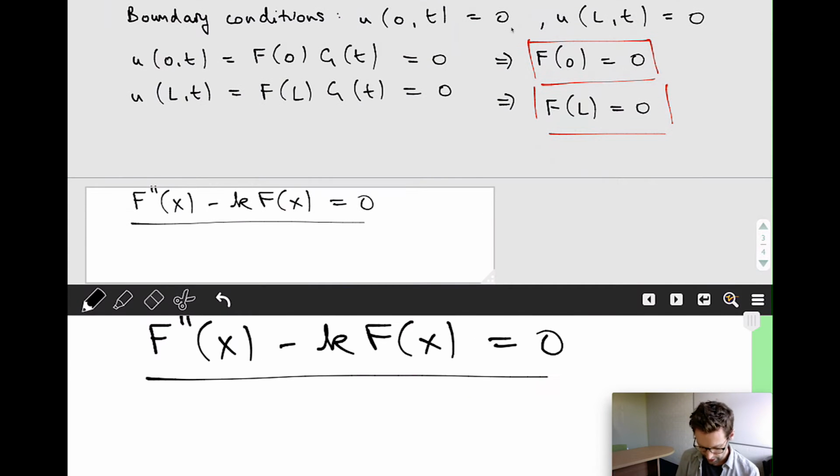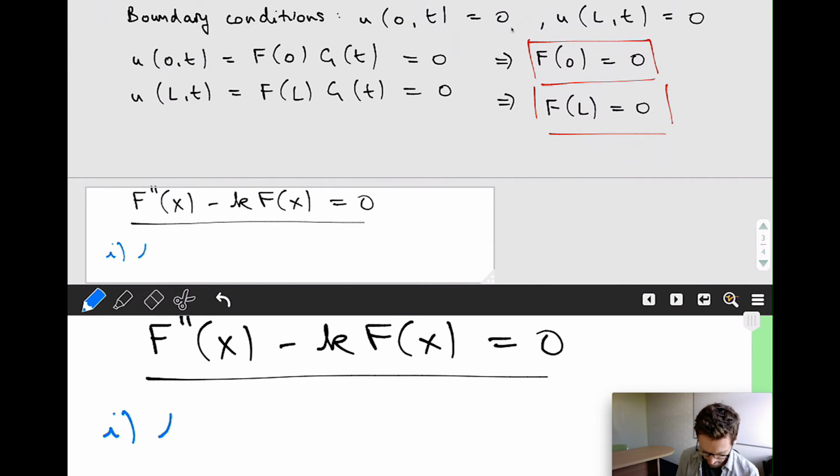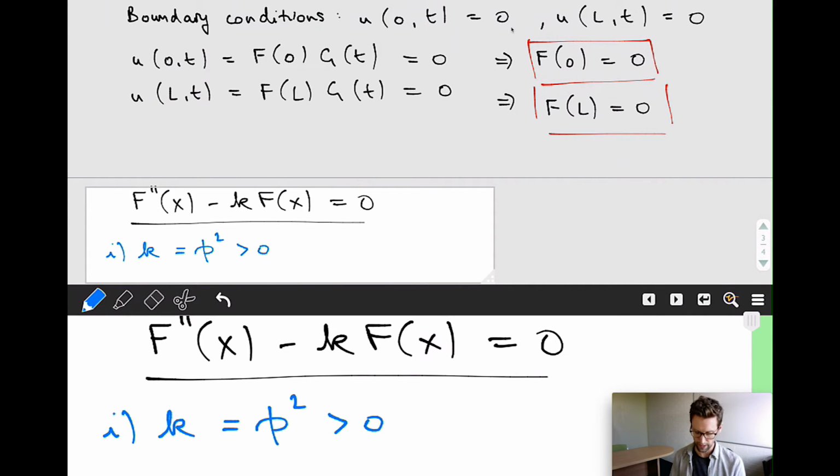So we're going to consider the different possibilities. The first possibility is that k is a positive number. So the way I'm going to represent that is by setting k is equal to p squared, which will automatically be a positive number for p not equal to 0. So we'll just look at p greater than 0.